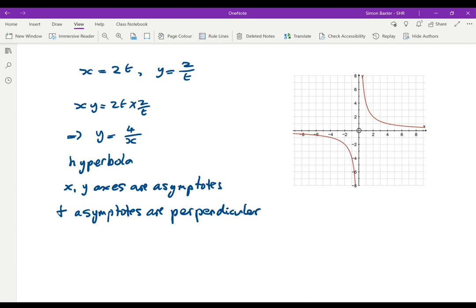And when this happens, we say that the curve is not just a hyperbola. Y equals 4 over x is a rectangular hyperbola.